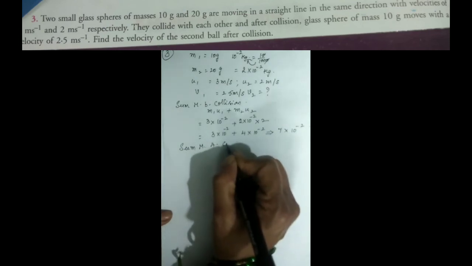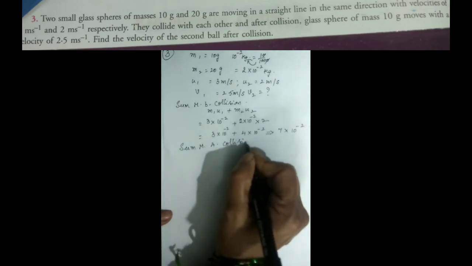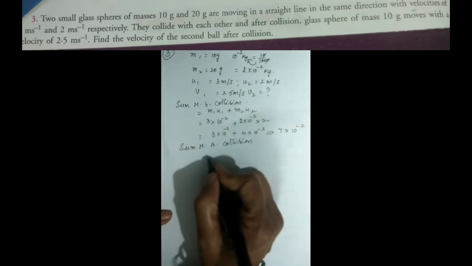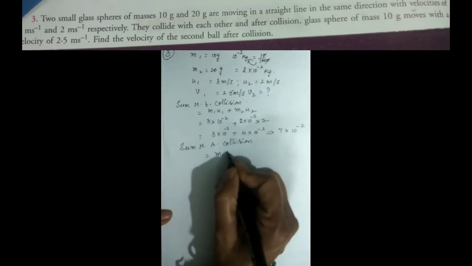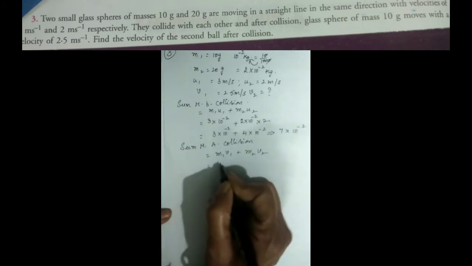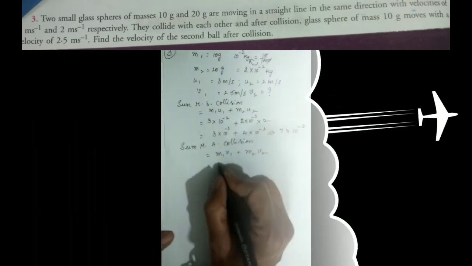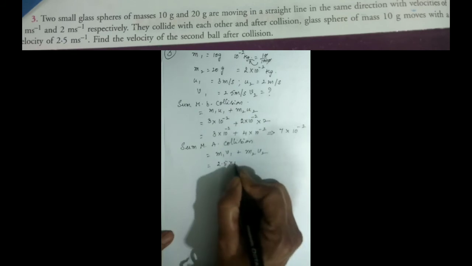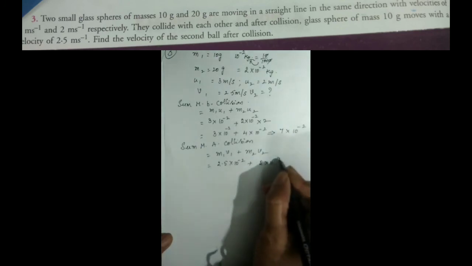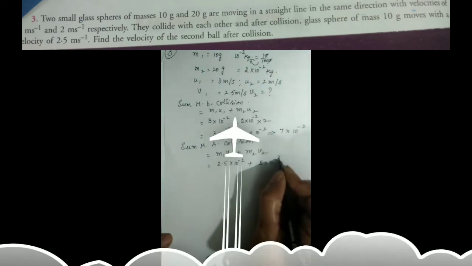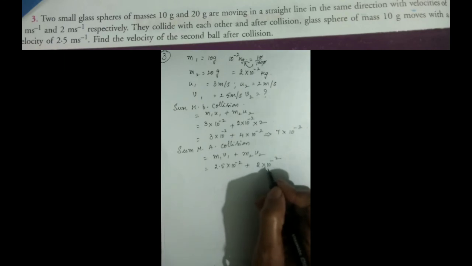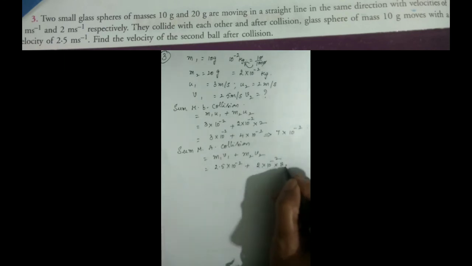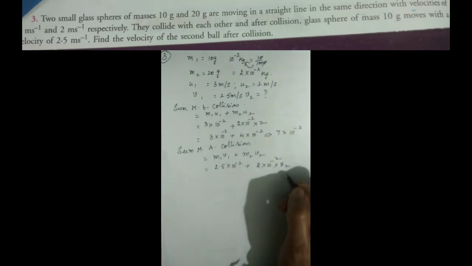Sum of momenta after collision is equal to m1 v1 plus m2 v2. Now m1 v1 is 2.5 into 10 to the power of minus 2, plus 2 into 10 to the power of minus 2, this is mass, into v2. Now we need to find out v2.